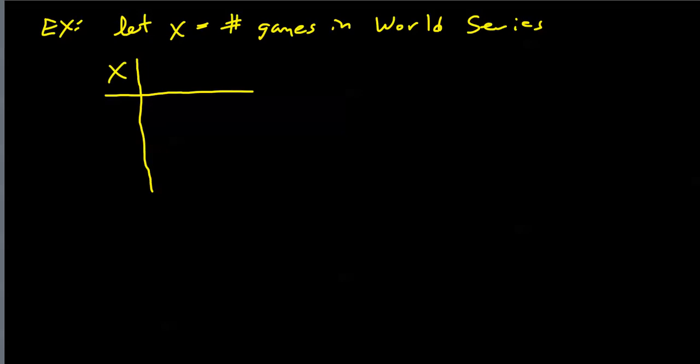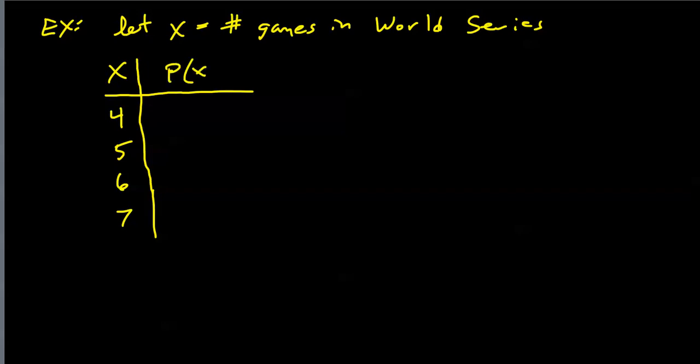The minimum number of games you can have in a World Series is 4. The first team to win 4 games wins the World Series and the contest is over. The maximum number is 7. Once you've reached 7 games, someone will have had to have won 4 games.